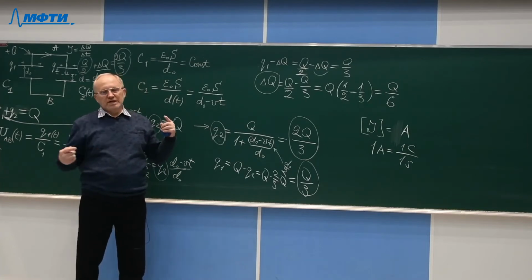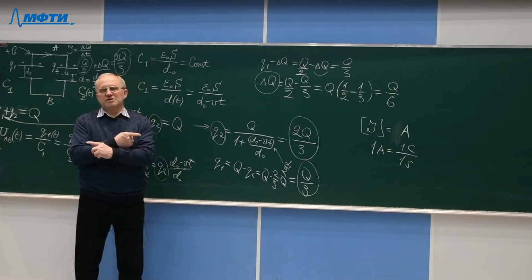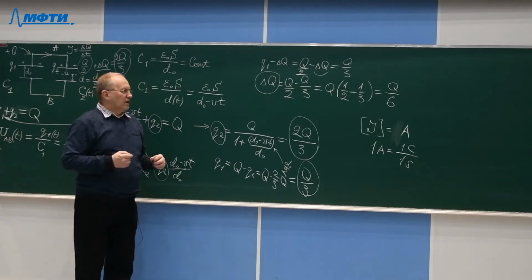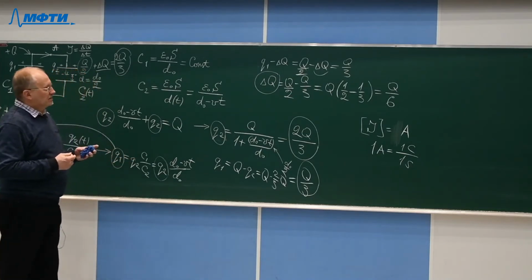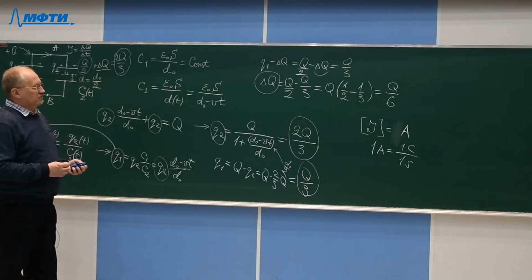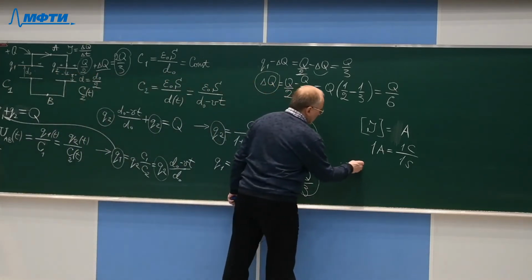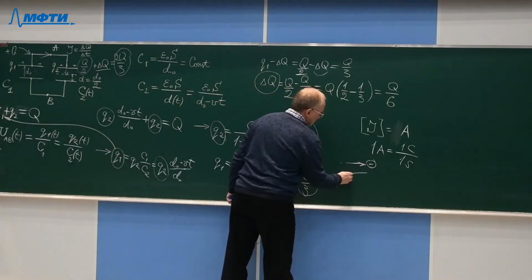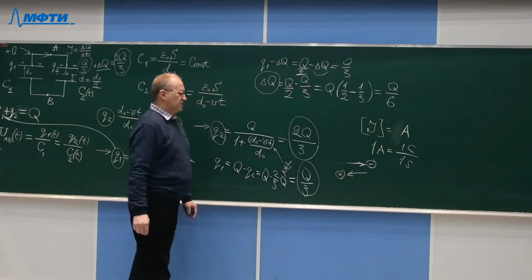So negatively and positively charged particles always go in different directions. And that means that in a semiconductor, for example, electrons, which are negatively charged particles, will go in one direction, while holes, which are positively charged particles, will go in a different direction.